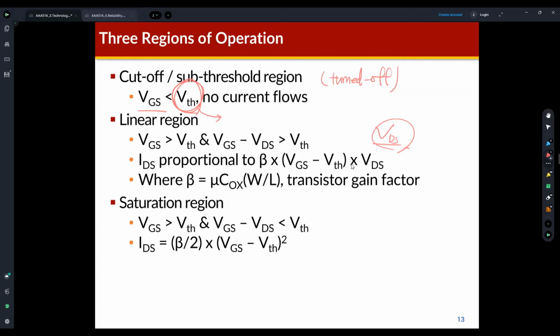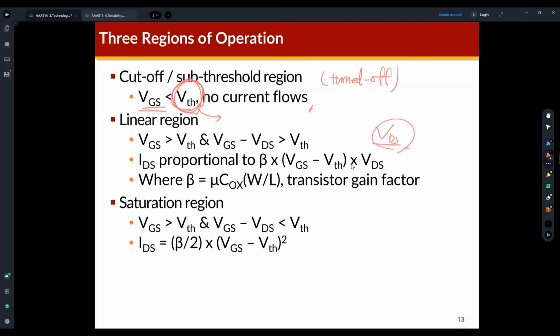If so, no current flows. That is true for some traditional, old semiconductor devices, but it's not true now. But usually in the cutoff region, no current flows between source and drain, because the VGS is less than the threshold voltage.